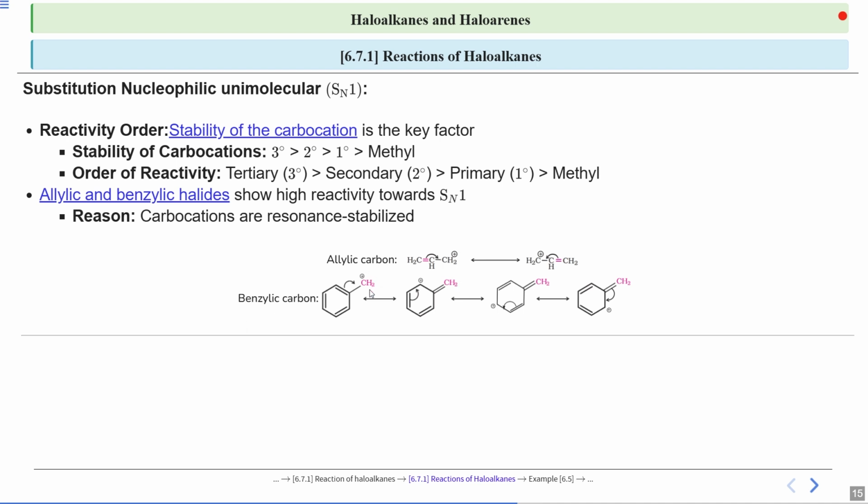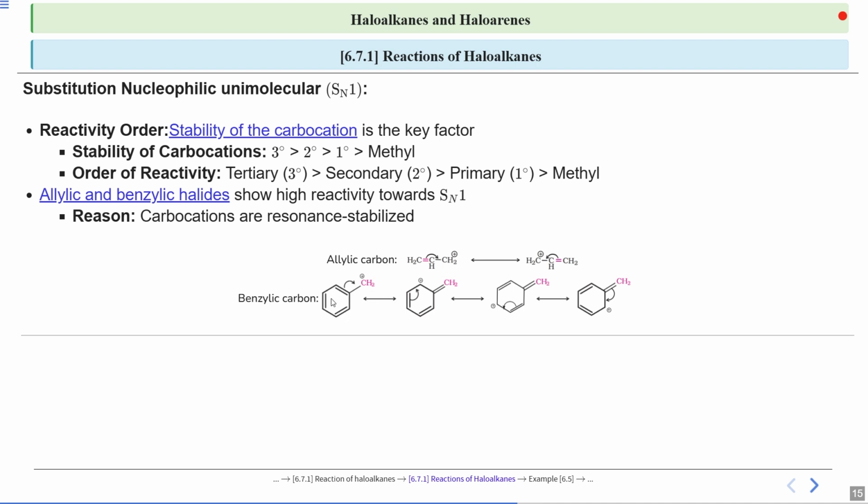Similarly, in the benzylic halides, you can see this is a benzene ring attached to CH2, and CH2 is attached to the halogen. After the halide ion is removed, there comes a positive charge on this carbon, right? Now, this positive charge is going to be stabilized by the resonance shown by this benzene ring.